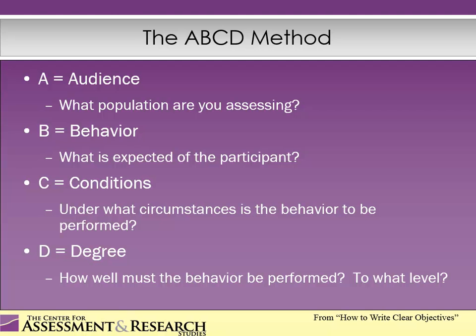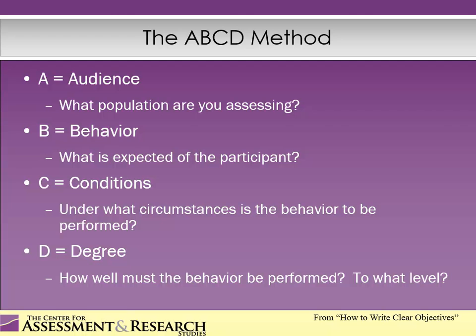There is a simple method that can be used to guide you through the objective writing process. It's called the ABCD method, which stands for audience, behavior, conditions, and degree. In this model, the audience piece refers to a population that is being assessed. Examples would be resident students, members of a club, or participants in a workshop.